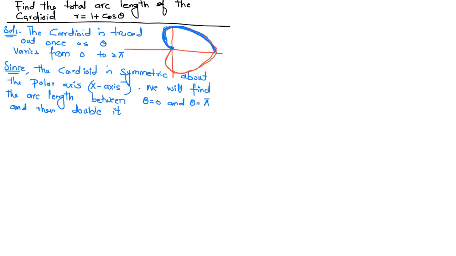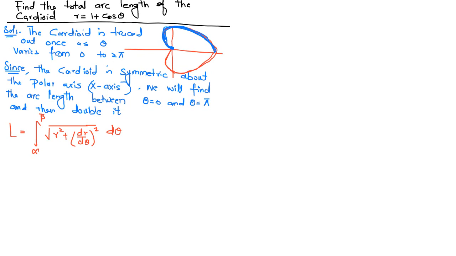Okay. So what is the formula for finding the arc length? You know that the formula is A is equal to integral from alpha to beta of square root of r square plus (dr by d theta) whole square, d theta. So this is the formula.